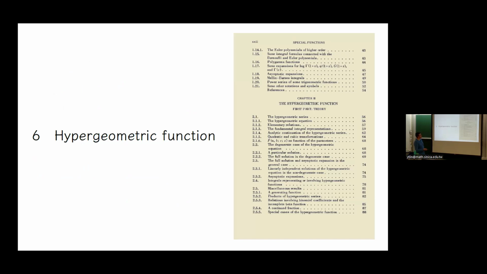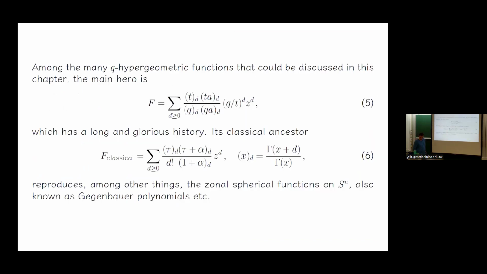So what is the general shape of a classical hypergeometric function? Well, there are many definitions of what it means to be a hypergeometric function, but more or less the hypergeometric function is some series, could be univariate, could be multivariate, in which you have a series.